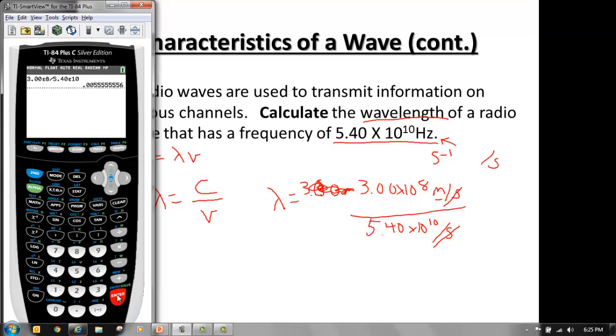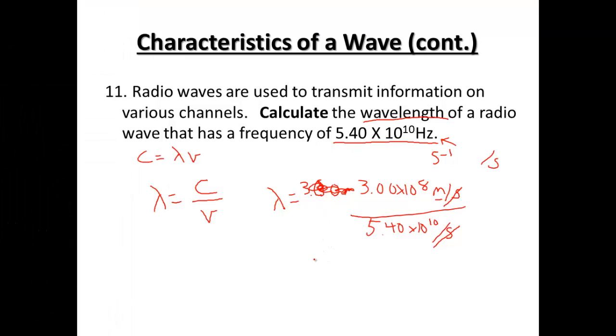And we get an answer. As you type it in, make sure you get the same answer. We should end up with about 0.0055, and our units are meters. So we'll compare the answer from this problem to our next problem as we go.